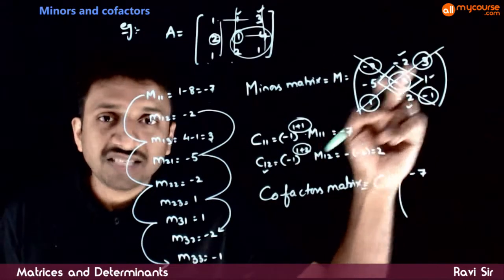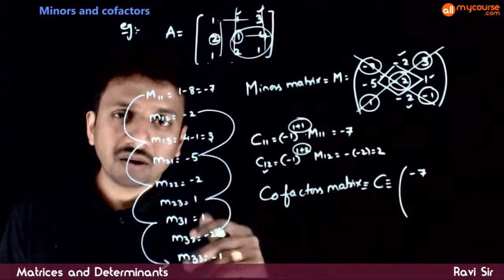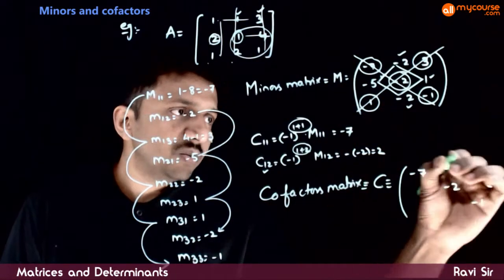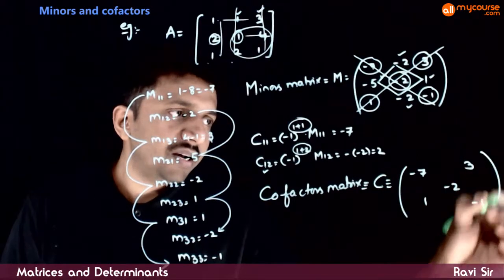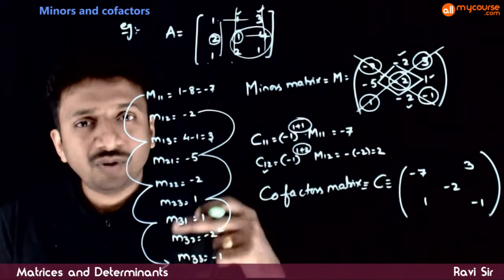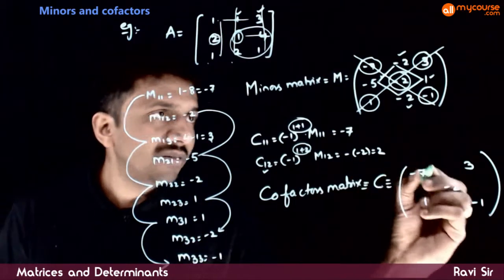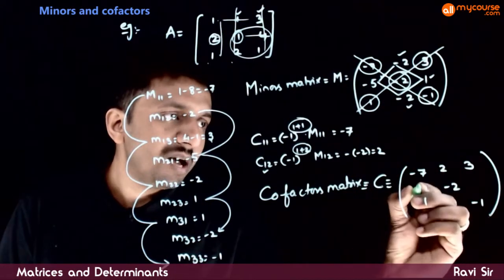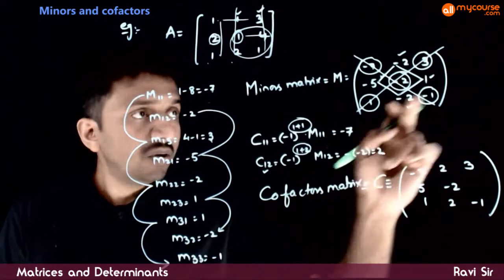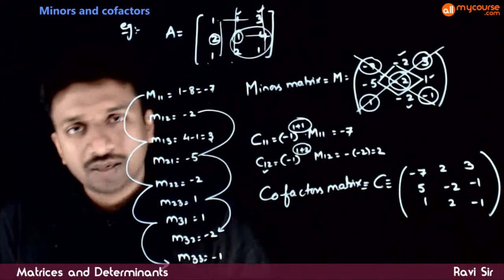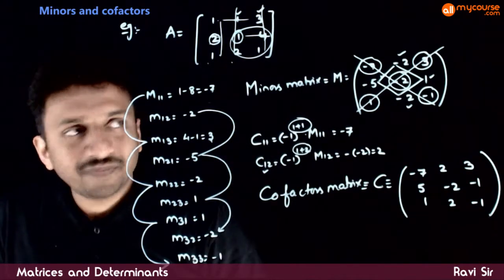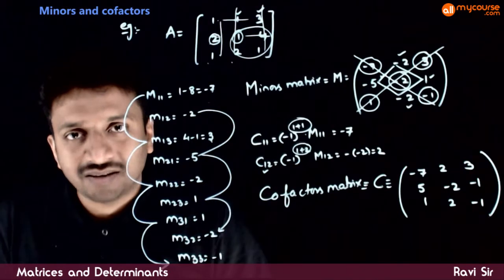You don't need to change anything. So minus 7, minus 2, minus 1, 3, 1 remain the same, and the remaining 4 elements have to reverse their sign. So this minus 2 becomes plus 2, minus 5 becomes plus 5, minus 2 becomes plus 2, 1 becomes minus 1. So this is the cofactors matrix. This is the minors matrix.